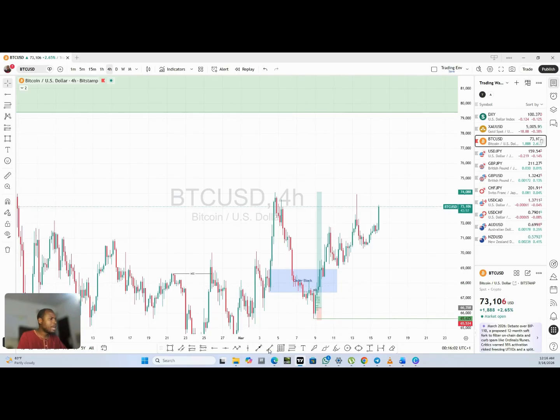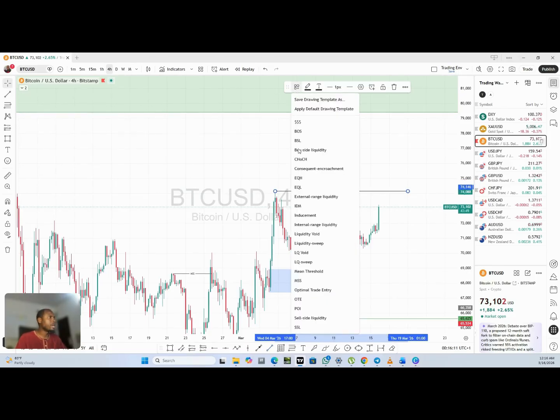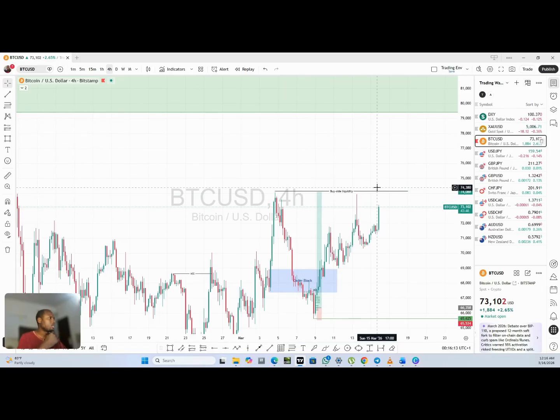Maybe once the market reaches here, it grabs this buy side liquidity. So market will return back to this FVG, and then from there it will continue buying till it reaches here.